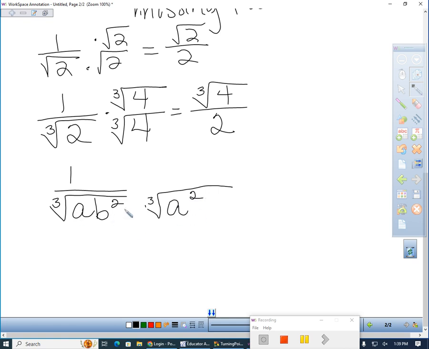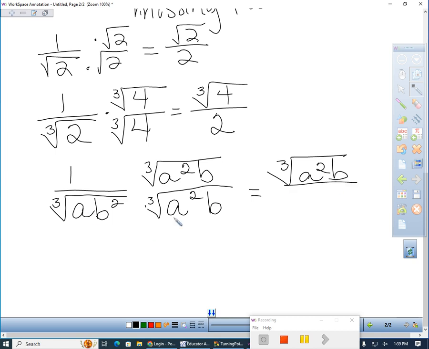And I have 2 B's, so I only need 1 more B. So then this would become the cube root of A squared B on top, and then there's 1 group of A's and 1 group of B's.